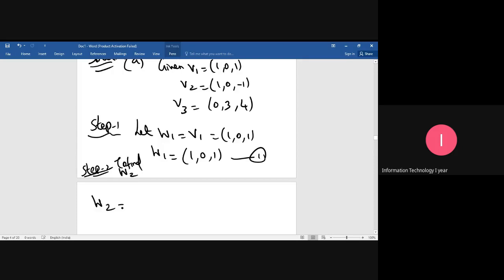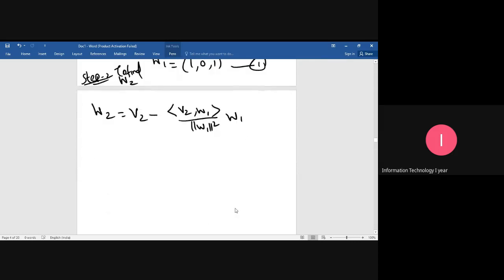The W2 formula is very simple, easily remembered: W2 is B2 minus the inner product of B2 comma the previous vector W1, divided by norm W1 square, into W1. This is the formula for W2.